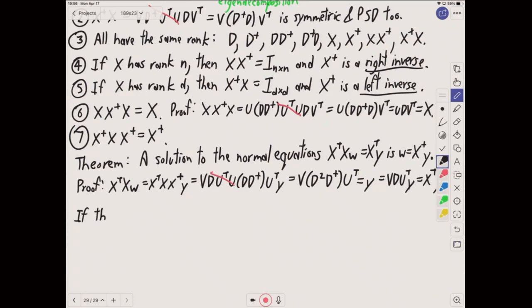So again, the pseudo-inverse here is most interesting in the case where the normal equations have multiple solutions.